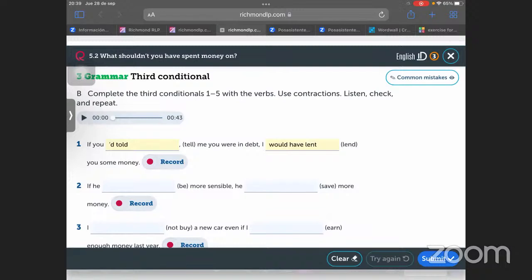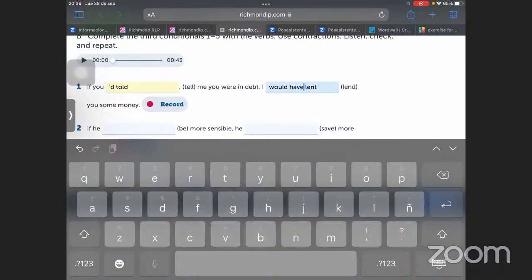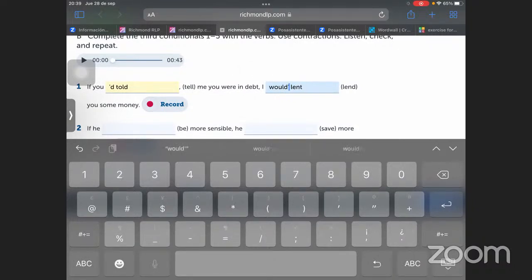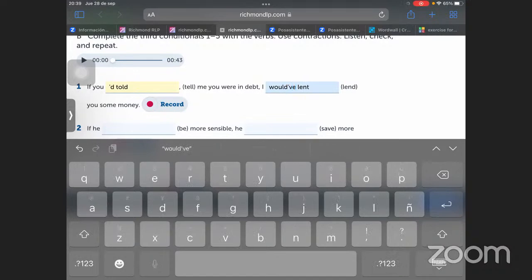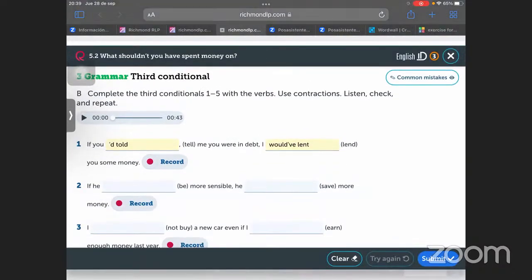I see where the contraction is. I would have lent you some money. The contraction should be here. Would have. I would have lent you some money. Okay. No worries. We're gonna check with the audio if we are correct.